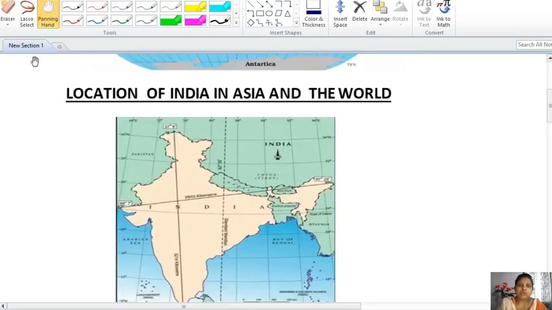Now, I will show you the location of India in Asia and the world. This is the map of India. Here we have drawn the imaginary lines which are drawn horizontally. These are known as latitudes, and the imaginary lines which are drawn from north to south are known as longitudes.